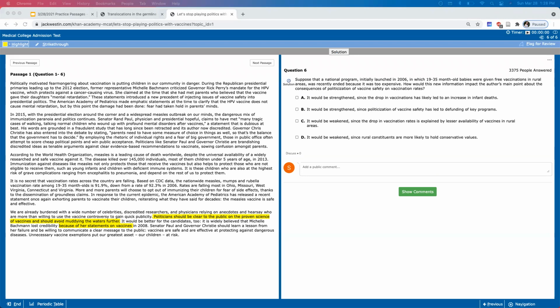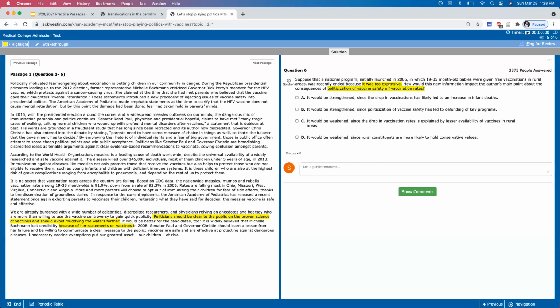Because on the entire passage, it's basically talking about how the anti-vaccine is being manipulated by the politician, and a lot of the people are panicking about the side effects of the vaccine. But if you are mentioning the vaccine being too expensive, then that would be the reason people are not getting a vaccine, instead of them believing in the manipulation. Right.